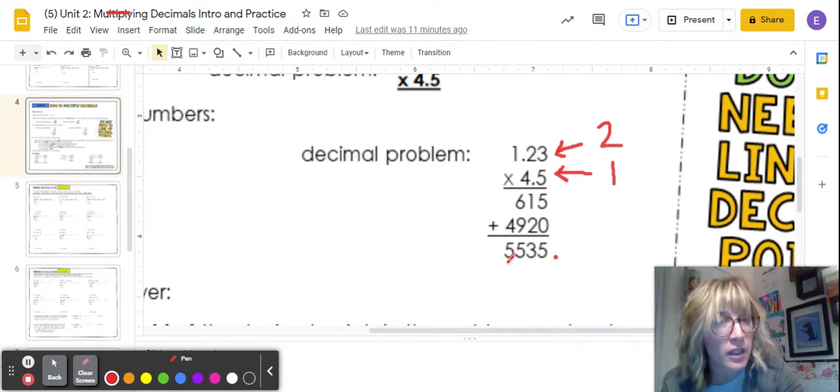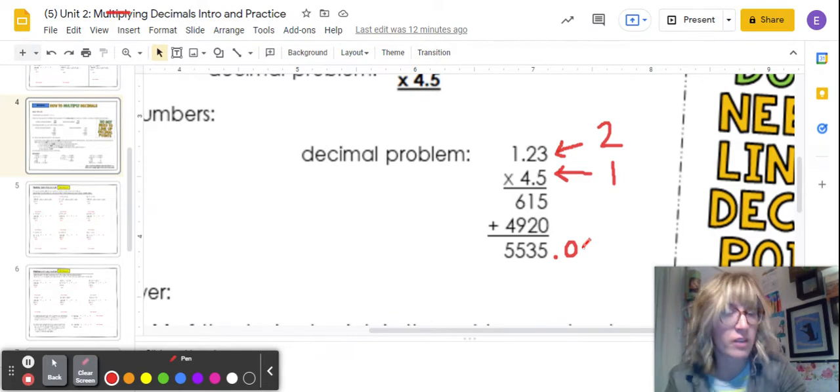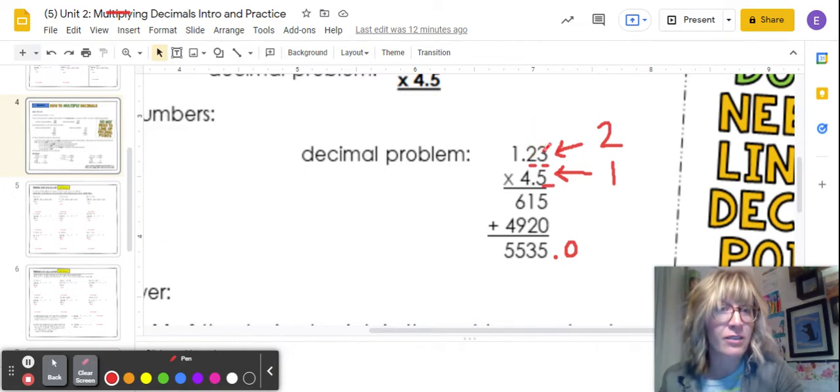If these were whole numbers, if it was 123 times 45, our decimal would really be behind here because it'd really be 5,535 and 0 tenths, or 0 anything behind the decimal. So when we do have these digits behind the decimal, we essentially want to divide by 10 and divide by 10 and divide by 10, 3 total times, one time for each digit behind the decimal.